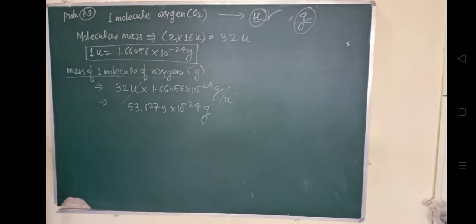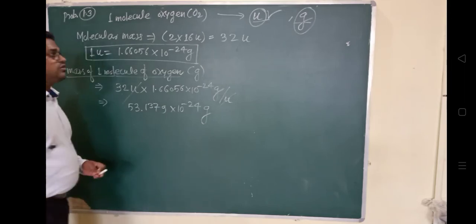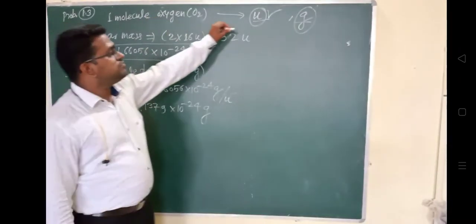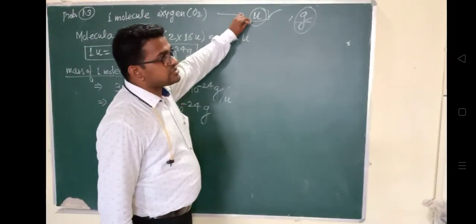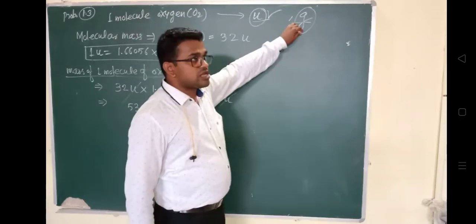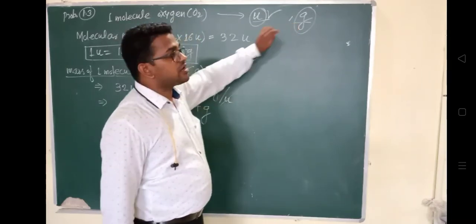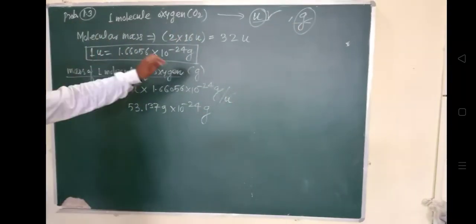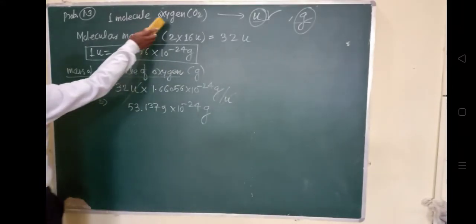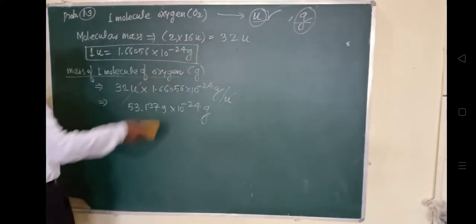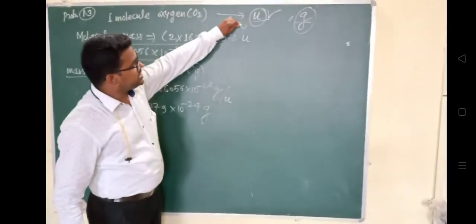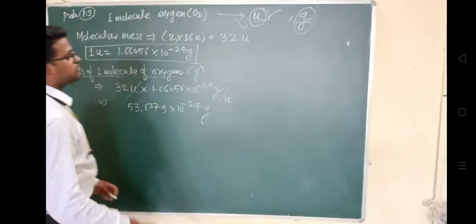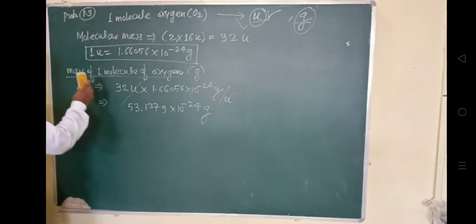So I hope it is very clear how to calculate the molecular mass. Molecular mass can be found in terms of unified mass and also in terms of grams, if we convert that unified mass into grams. It is easy to represent it in terms of unified mass.